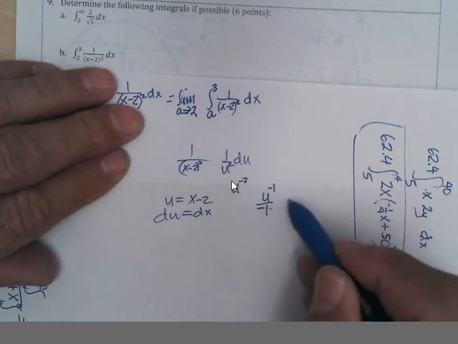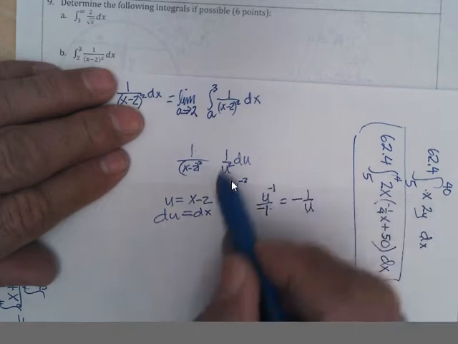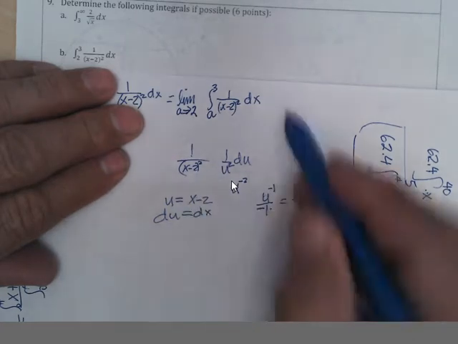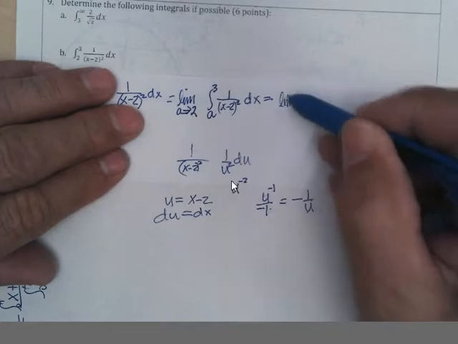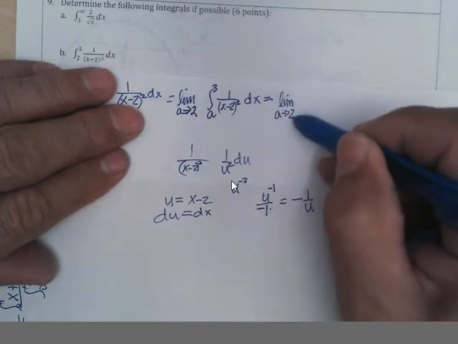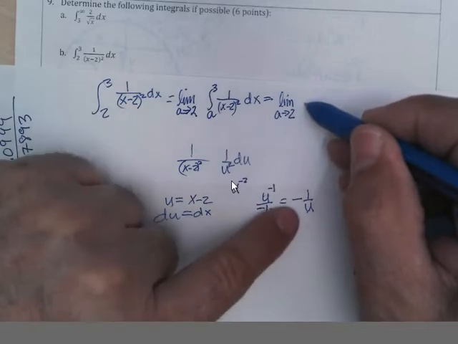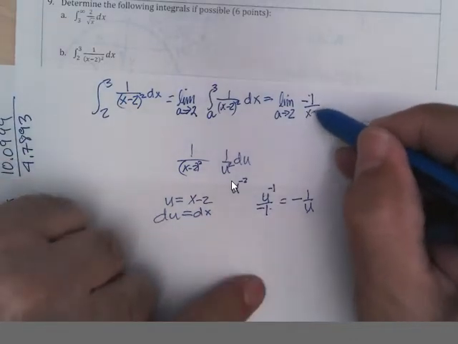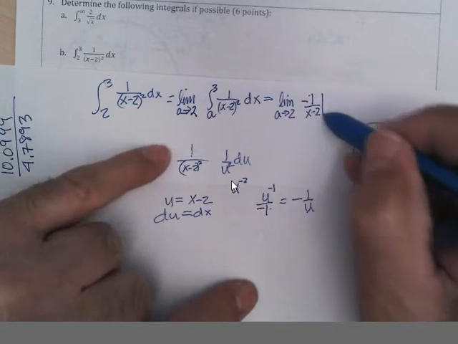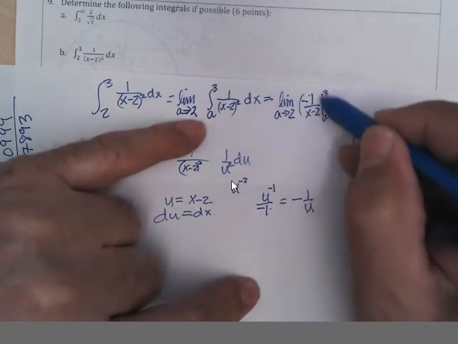The minus 1 makes it negative, and the u to the minus 1 makes it 1 over u. So it's minus 1 over x minus 2. So this integrates to the limit as a approaches 2 of minus 1 over x minus 2 evaluated from a to 3.